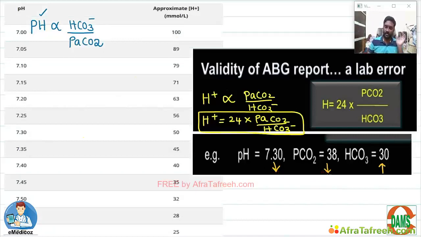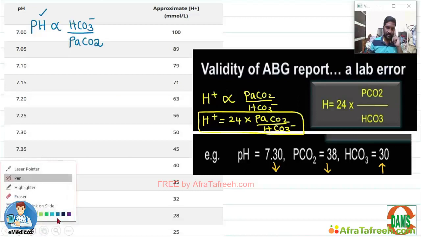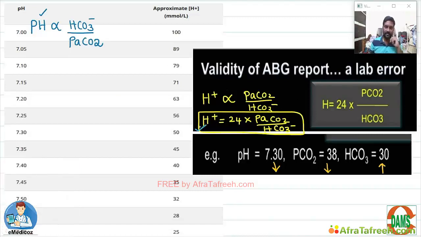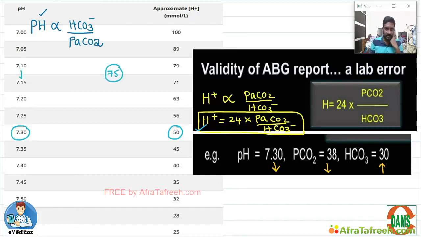Now for example, I have calculated H plus by the given equation. Suppose the patient's H plus is 50. So pH should be somewhere nearing 7.30. Now suppose his H plus was 75. So his pH should be somewhere between 7.10 to 7.15. Now suppose his H plus was about 30.